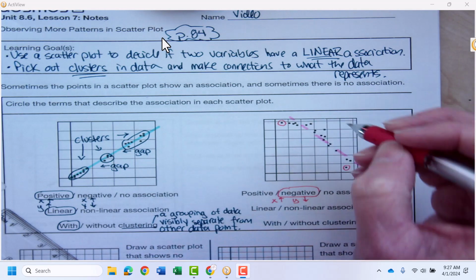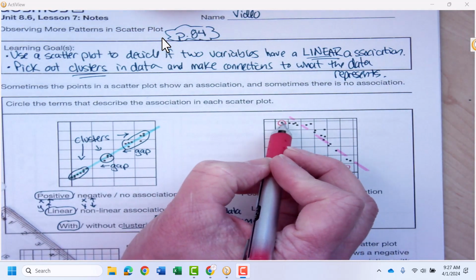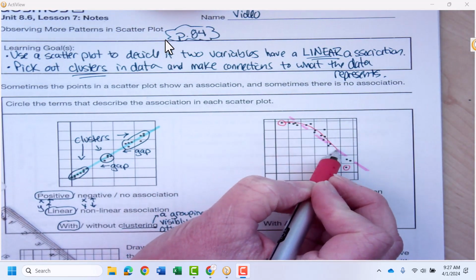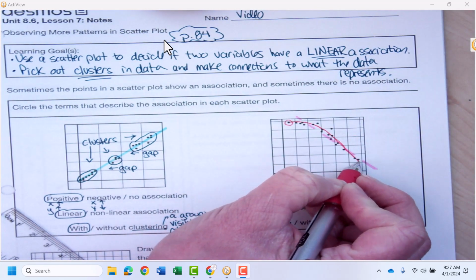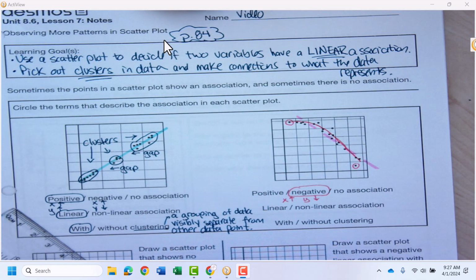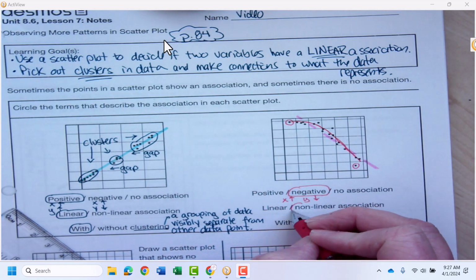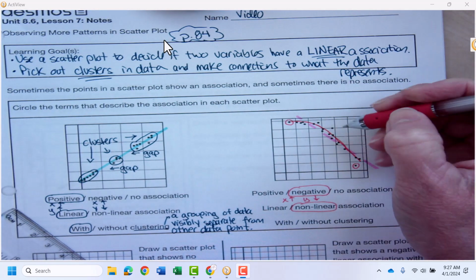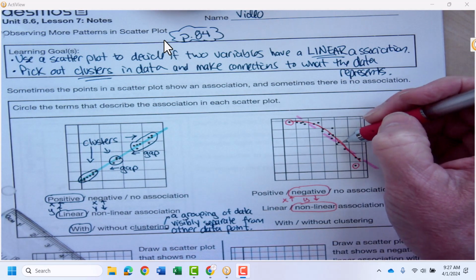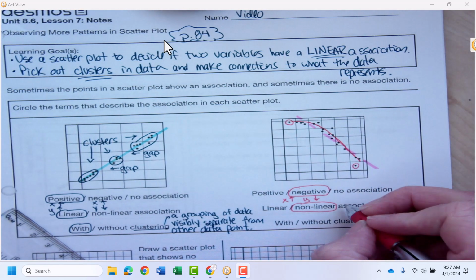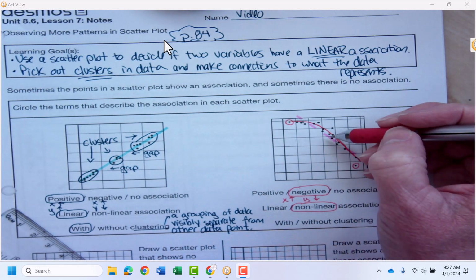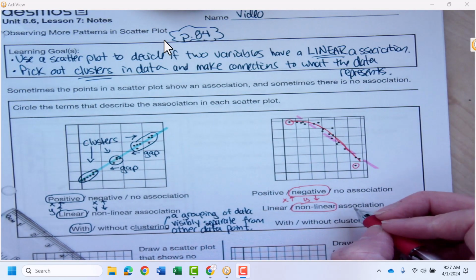So really, a curve would probably fit this data better. There's some relationships that are a curve. But what lets me know that this is nonlinear is that the middle of the data sit on one side of that line.